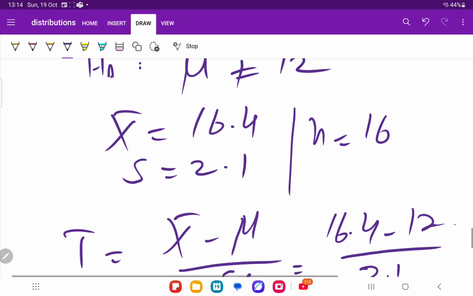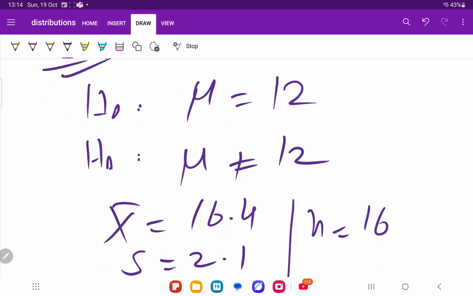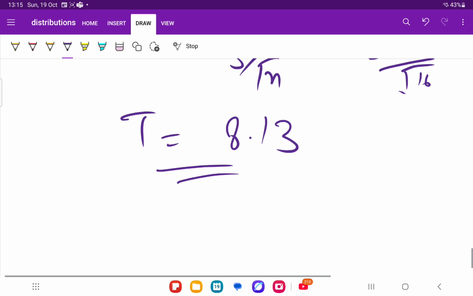So now since we can see that it is not equal to, not equal to will go in both directions, less or greater, when not equal to is mentioned. So you have to see your T value, and according to that you have to decide your test. So your T value is now positive.